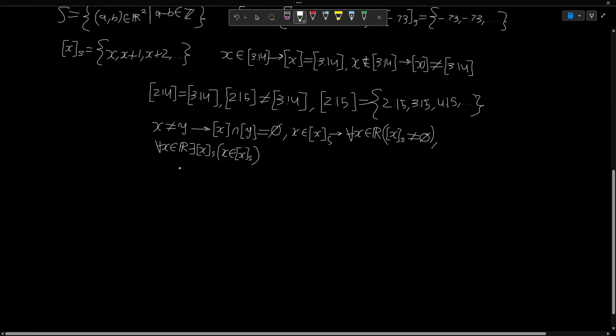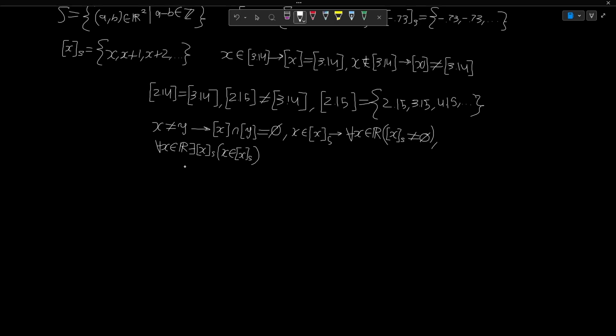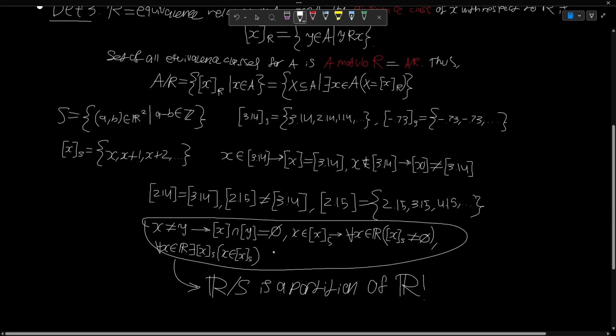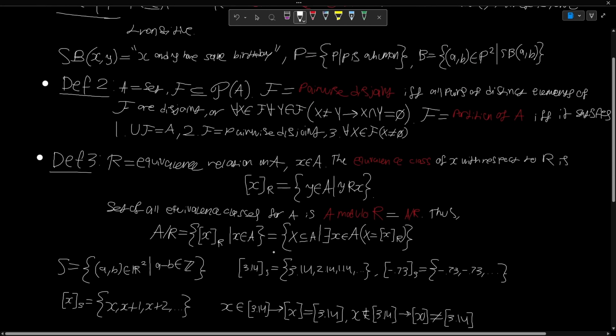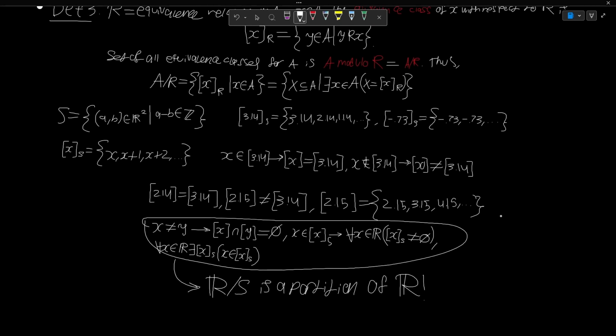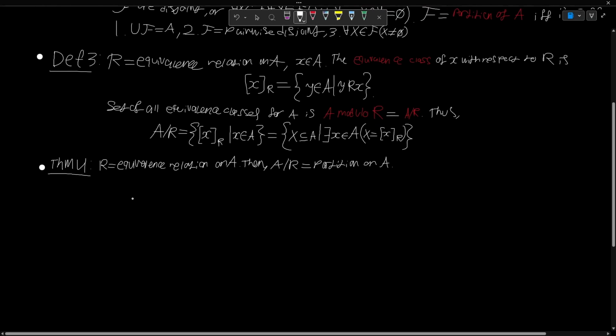And any real number will have exactly one equivalence class, or in other words, R modulo S is a partition of R, since what I just did there was show that R modulo S satisfies these three conditions to be a partition. And in fact, this can be generalized to say that the set of equivalence classes determined by an equivalence relation will always be a partition of the set that has the relation on it. And here I've just written that down as a general theorem.